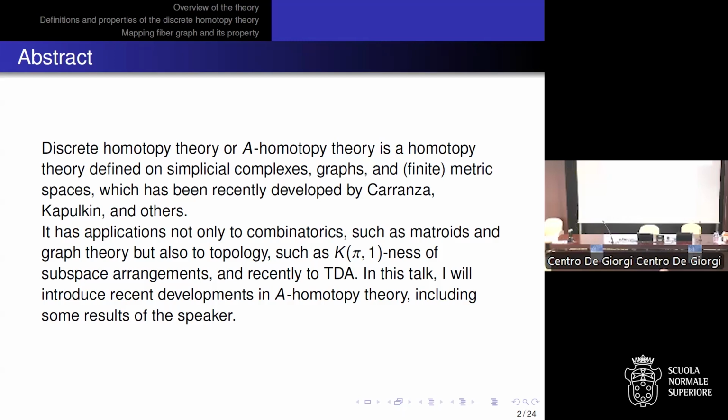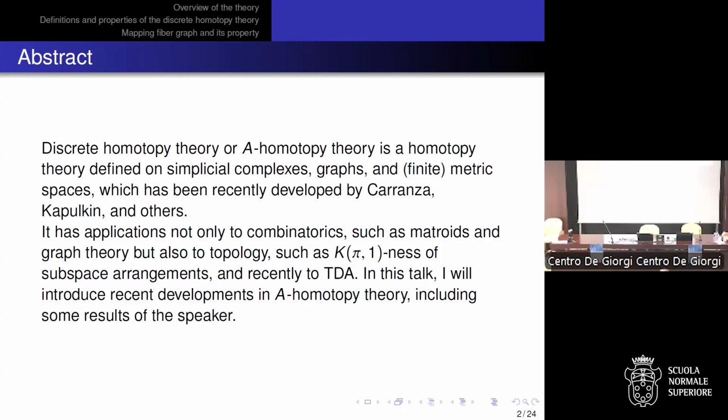Especially, I will talk about what is called A-homotopy theory, which was originally defined on simplicial complexes. But later, for some technical reason, it came down to a homotopy theory of graphs or metric spaces, which has recently been developed by Kramer, Kapulkin, and others.